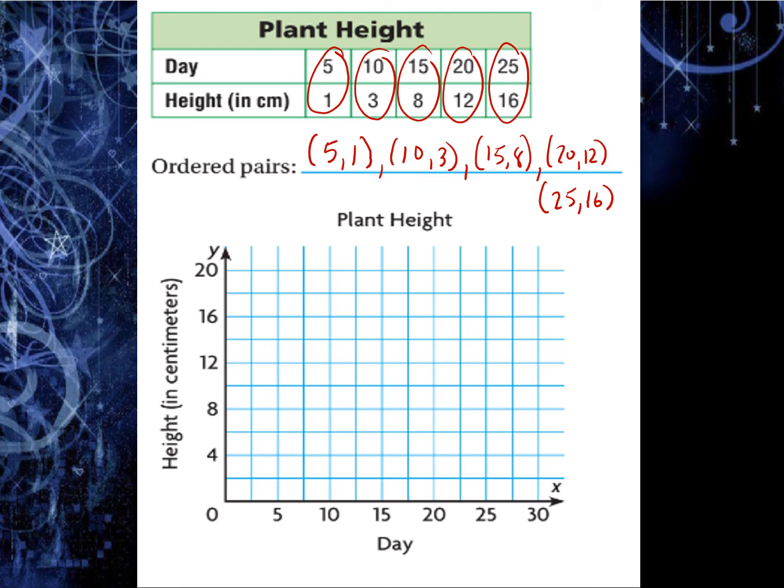Now we need to go and plot all those. So we start with 5, 1. So over 5, up 1. This is 2, so half of 2 is 1, so it's right here. Over 10, up 3. So this is 2, 3 is halfway. Over 15, up 8. Count by 2s, 2, 4, 6, 8.